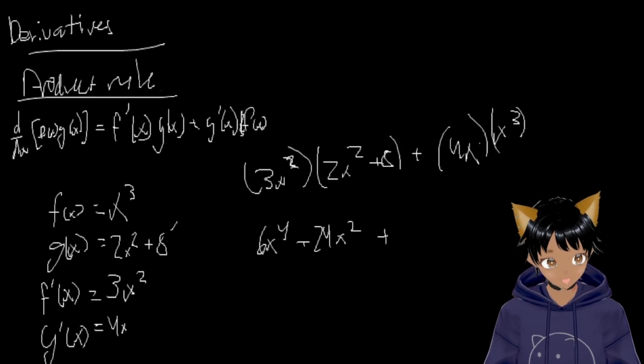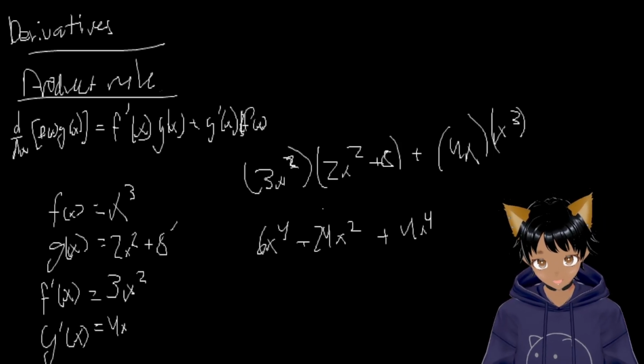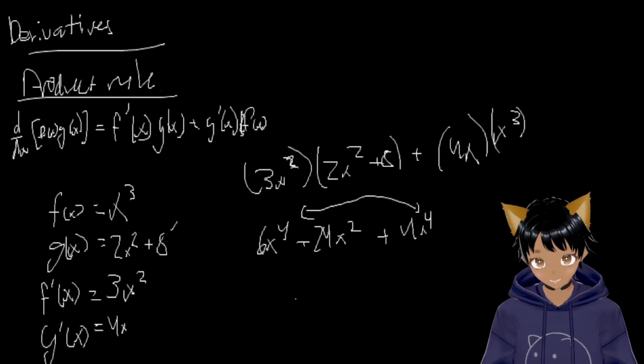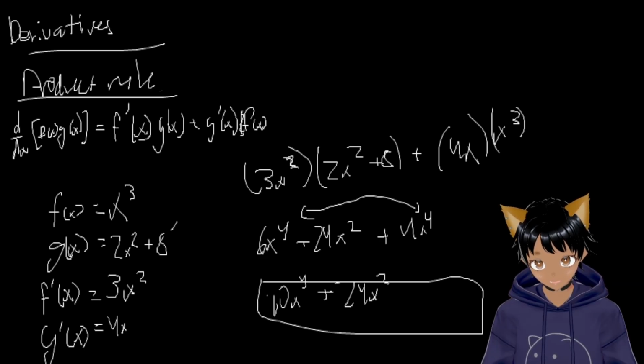Plus 4x times x to the power of 3, 4x^4. And then you simplify. Can you simplify here? Yes. Which ones? These two numbers. So you just add them together. You get 10x^4 plus 24x^2. And there's your answer.